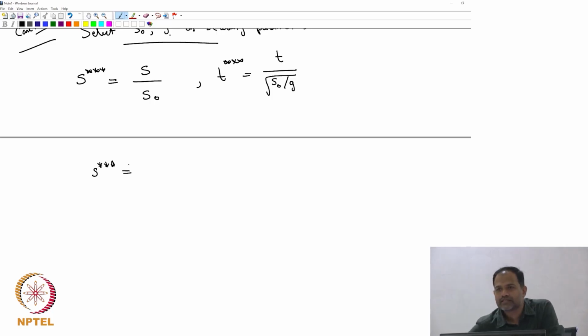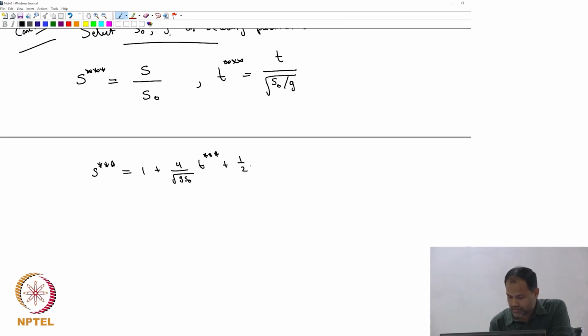Yeah, can you tell? 1 plus U by root G S naught. And this is 1 by root alpha. Okay, so again we have been able to get it.